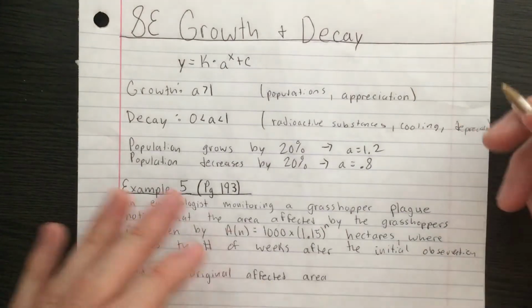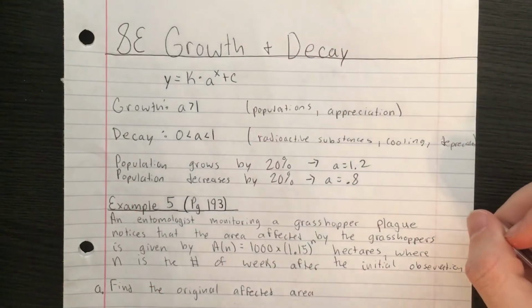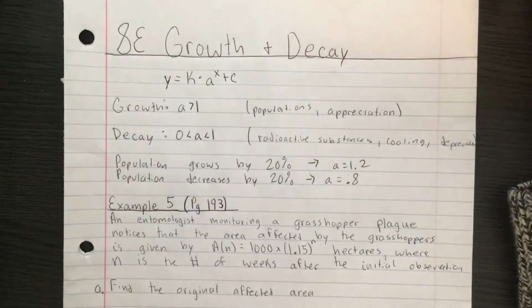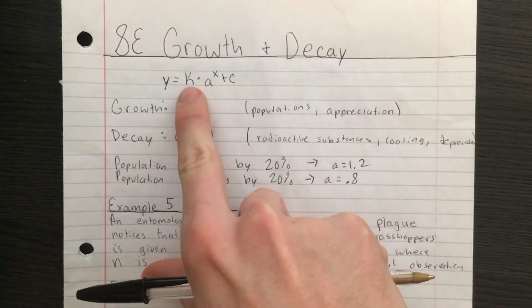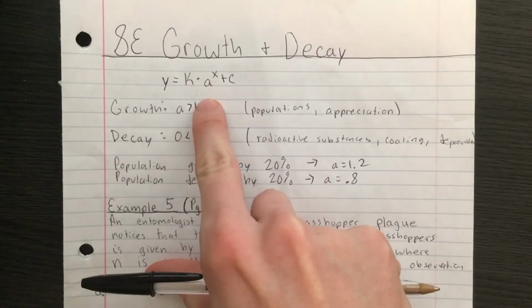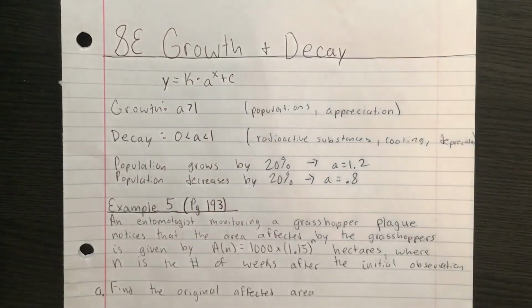With growth and decay, the general formula is y equals k times a to the x plus c. You're probably like, that looks a lot like the equation we looked at in the last class, and they're very closely related.